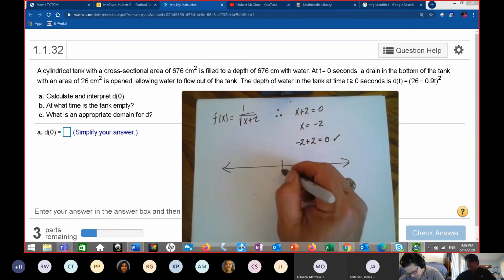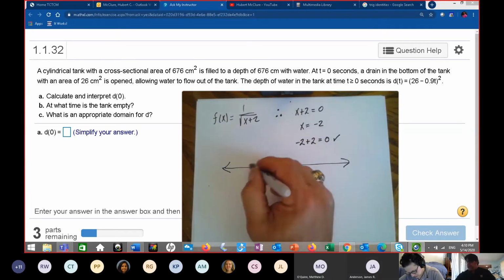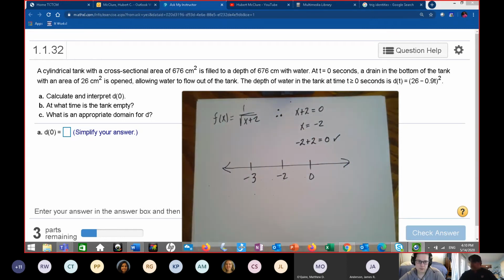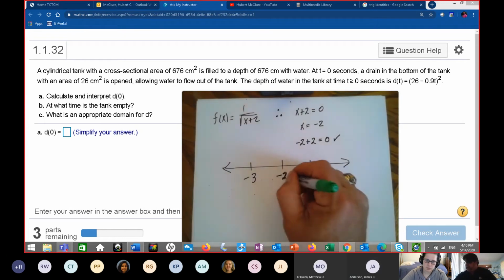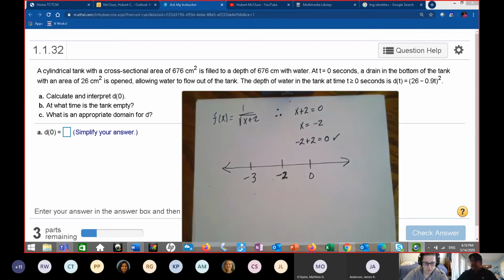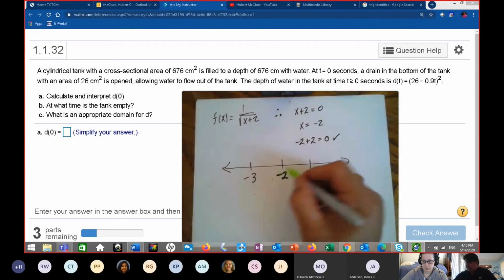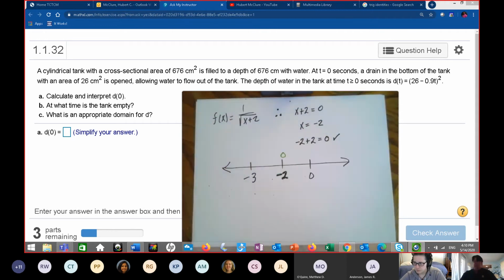Okay, here's negative 2 right here. That means negative 3 is right here, and 0 is right there. Now, negative 2 is green, because green is okay. Negative 2 is okay because negative 2 gave us a 0. So plug in.